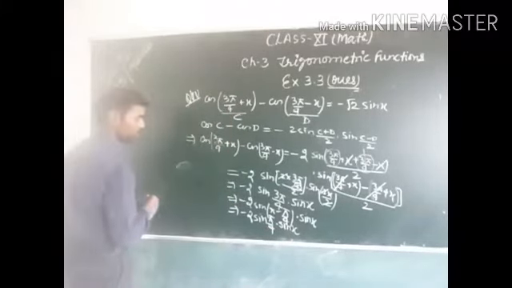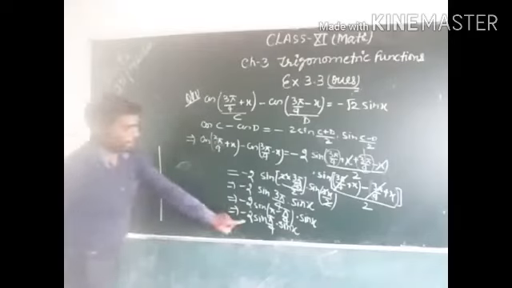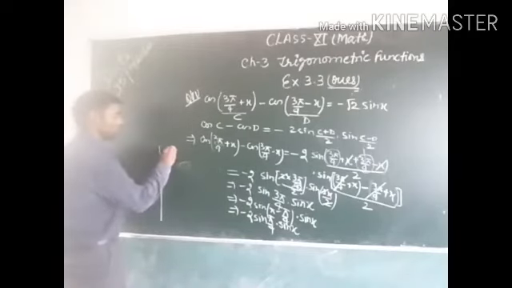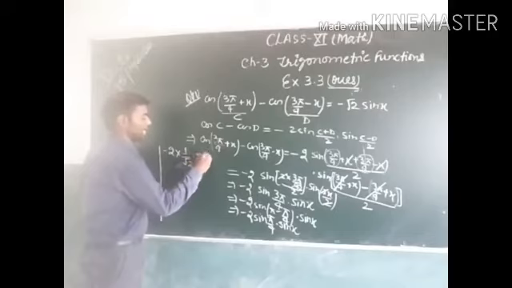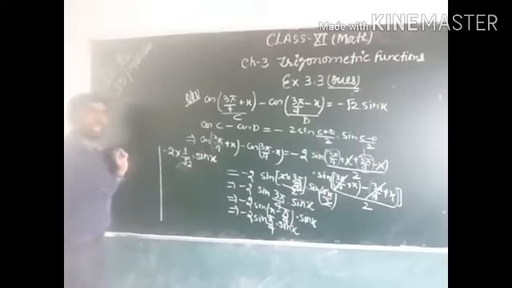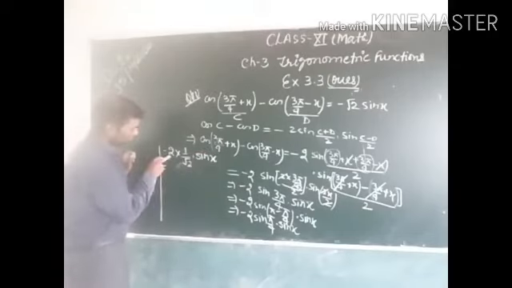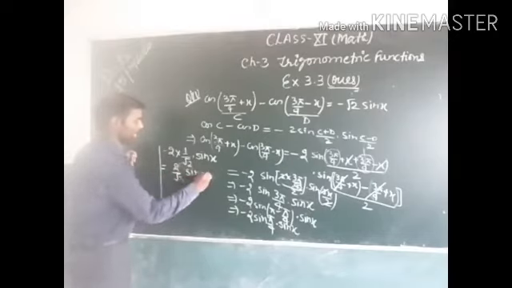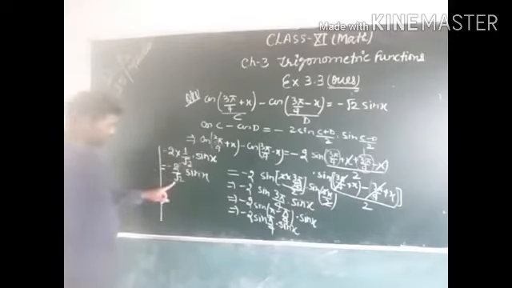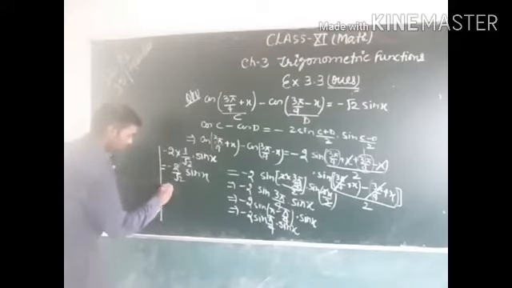Now put the value of sin pi by 4. Minus 2 into sin pi by 4 means sin 45, and sin 45 is 1 upon root 2, into sin x. So this is 2 upon root 2 sin x, and root 2 cuts 2 by root 2 times.